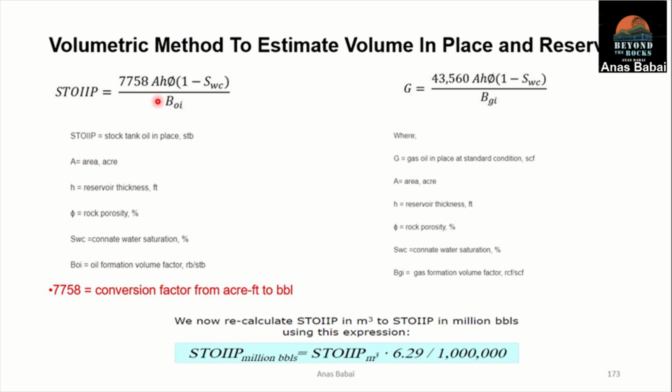If we change this factor from BOI to BO, that will shift it from stock tank oil initially in place to oil in place. Same thing for the gas. If we remove the initial parameters, that will shift it from gas initially in place to gas in place. We'll see that in the next slide.